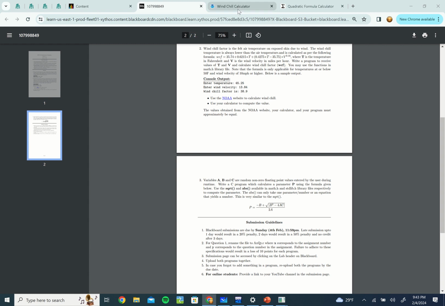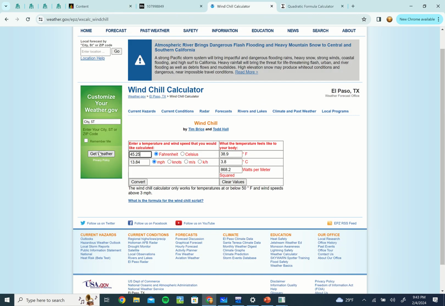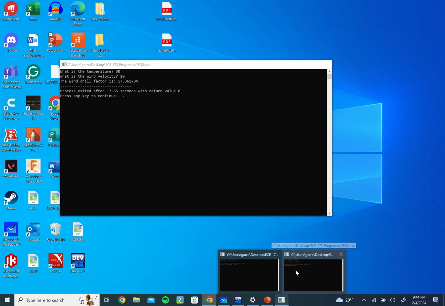wind chill factor, and it is 30 degrees Fahrenheit and 20 miles per hour. 17.4 and 17.4.